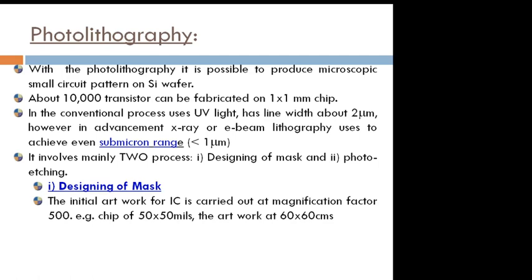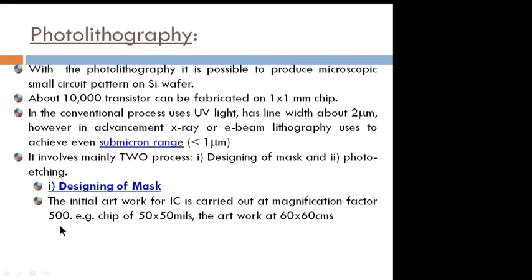A mask is, in principle, made of glass, and that glass has alternating dark, that is opaque, and transparent or clear regions. Preparing a mask is too difficult to do at a sub-micron level or even at a micron level size, and therefore a photography technique is exploited here.